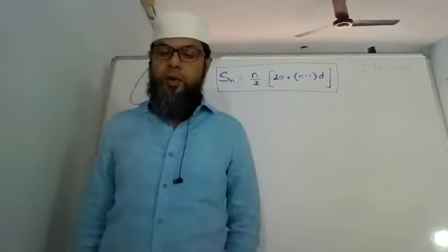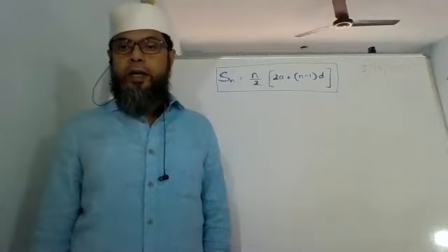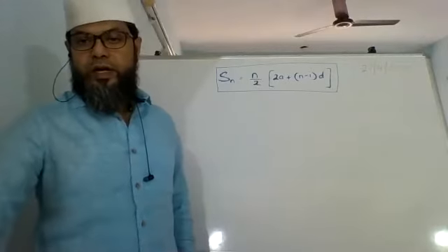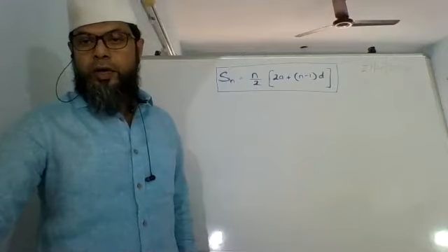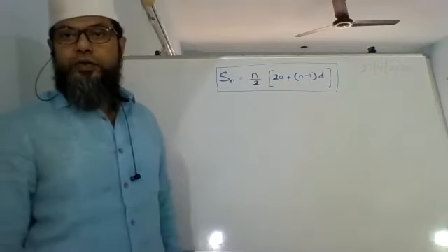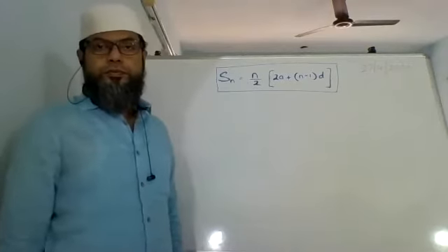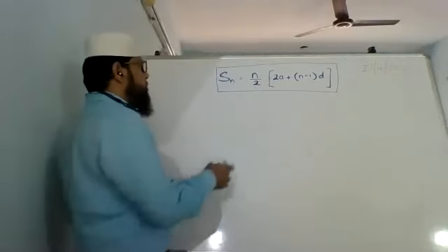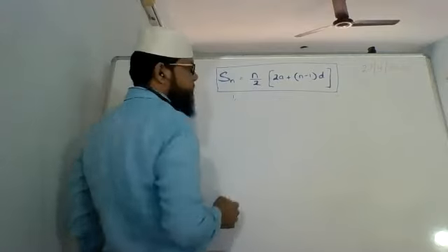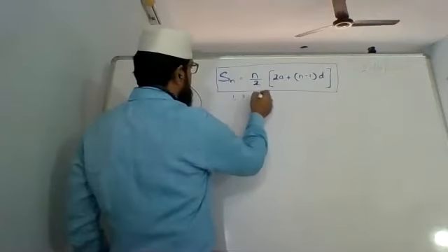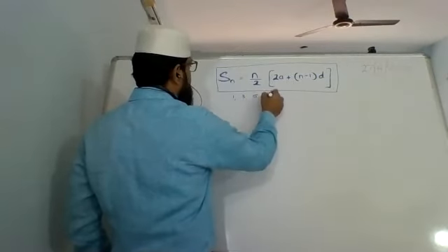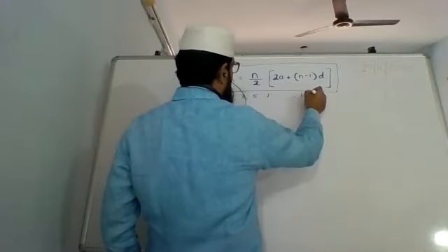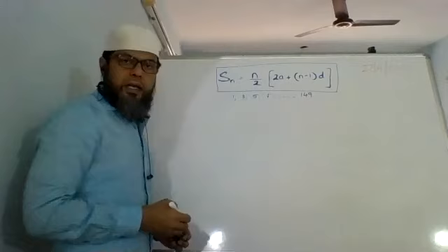So the first odd number is 1, the second is 3, and so on. 150 is an even number, so before that, the odd number is going to be 149.